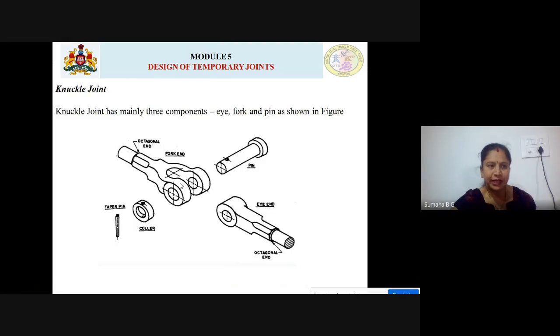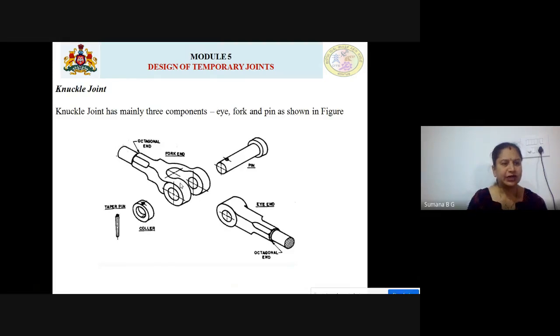This pin is secured in its position by means of a split pin. The ends of the rods are made octagonal to some distance for better grip and are made square for some portion before it is forged to make the eye and the fork shapes.